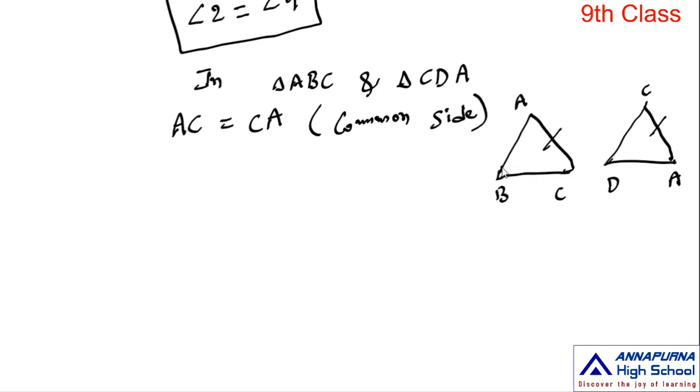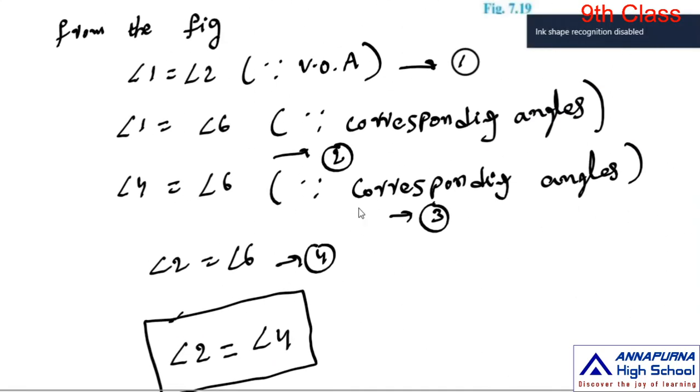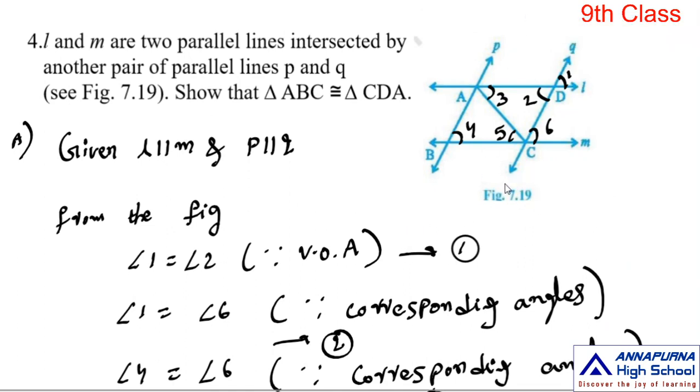Next, this is angle 4, this is angle 2. Angle 4 equals angle 2, already proved. See the figure. L is parallel to M and AC is the transversal. So angle 3 and angle 4 are alternate interior angles and equal.